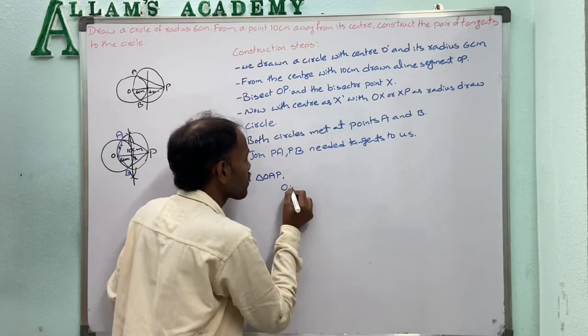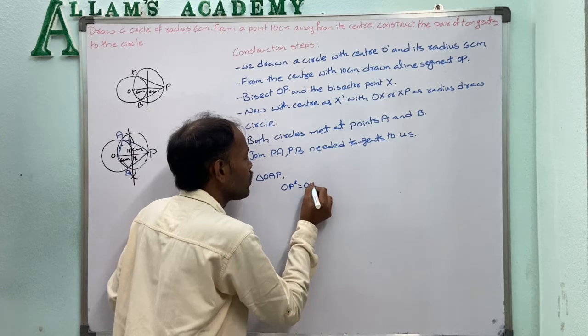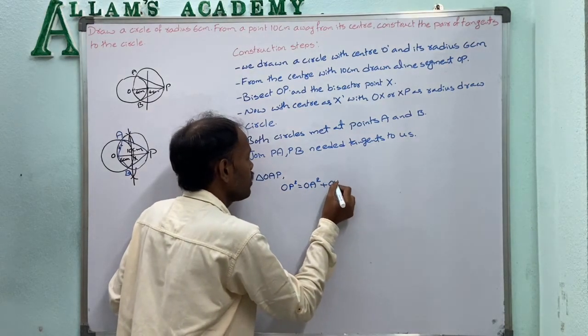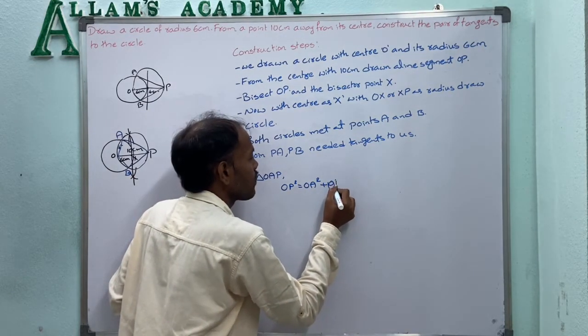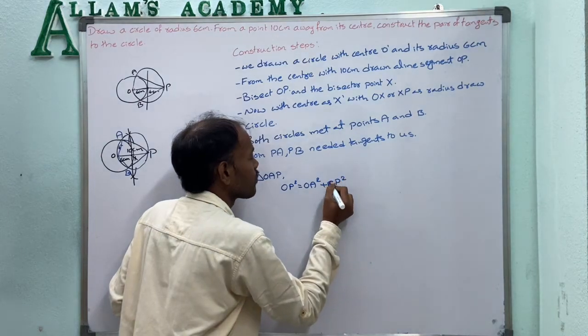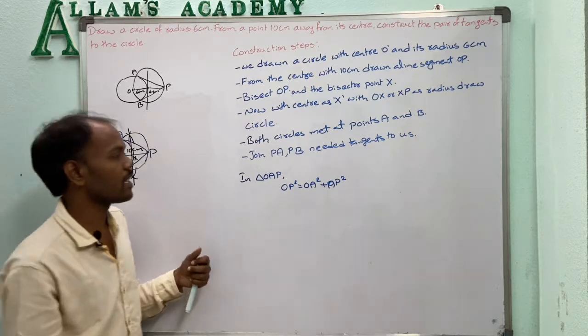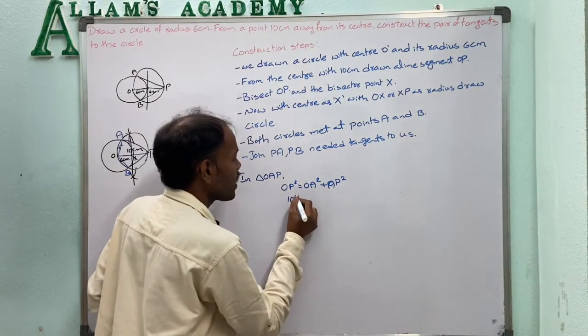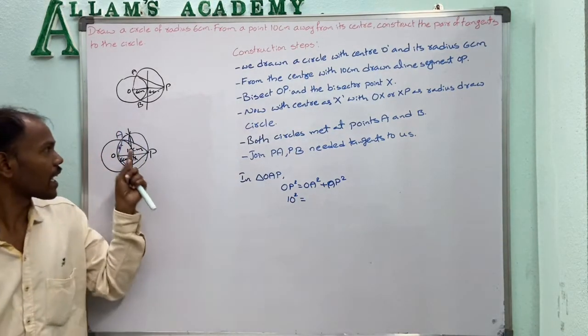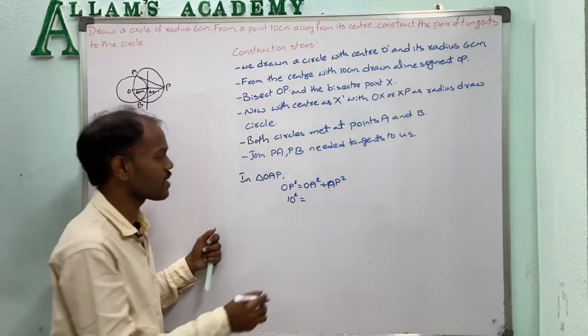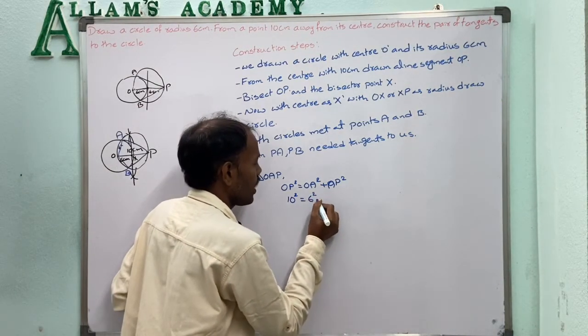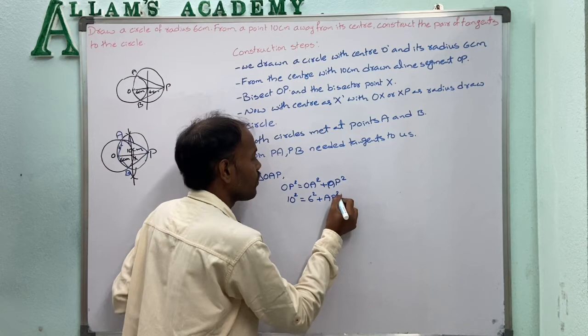So OP square equals OA square plus AP square. OP is 10 centimeters, so 10 square equals OA radius 6 square plus AP square, and AP length we don't know.